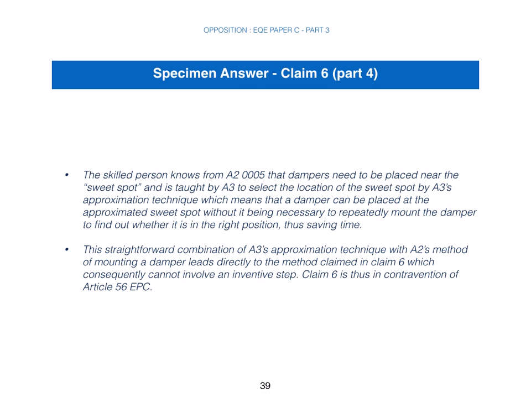The skilled person knows from A2 paragraph 5 that dampers need to be placed near the sweet spot and is taught by A3 to select the location of the sweet spot by A3's approximation technique, which means that a damper can be placed at the approximated sweet spot without it being necessary to repeatedly mount the damper to find out whether it is in the right position, thus saving time.